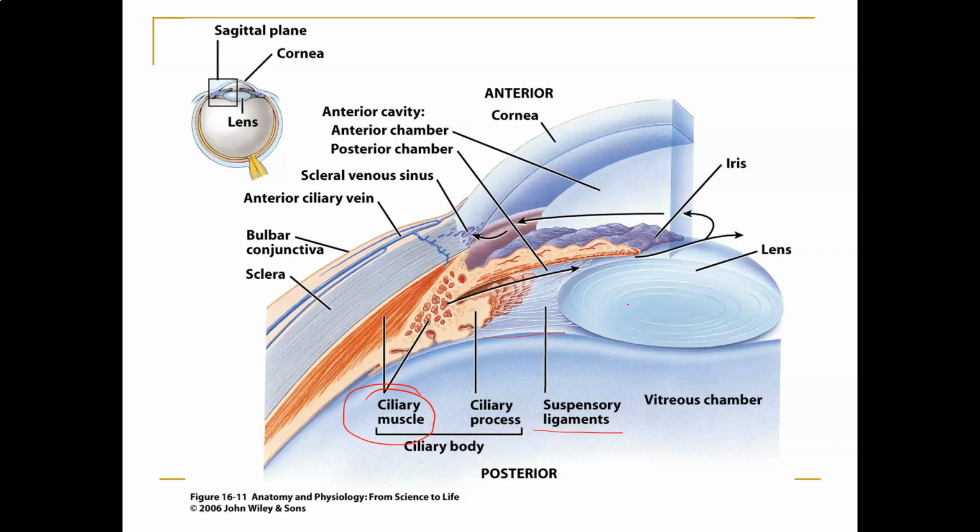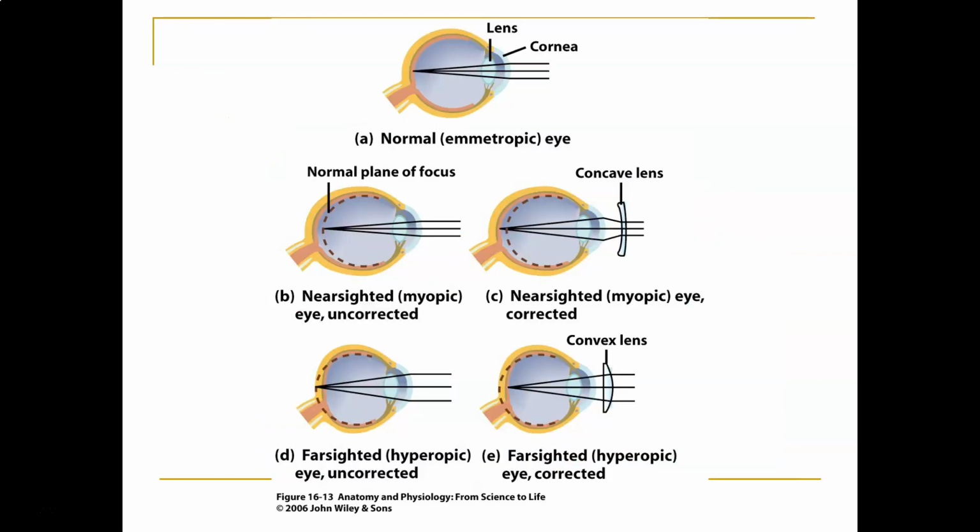Now this tends to decrease, of course, as you get older. So people tend to have a harder time focusing on objects as they get older. Often they need corrective lenses, because if you're not able to focus the light, maybe you focus it too soon, in which case you're referred to as nearsighted.